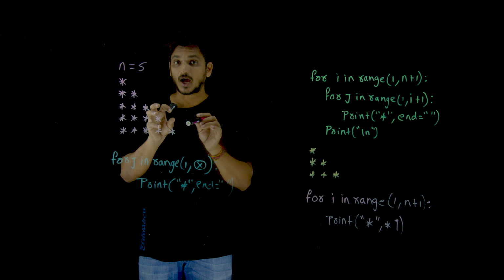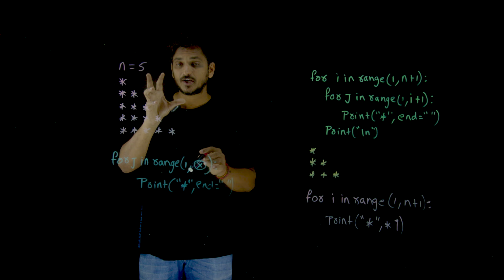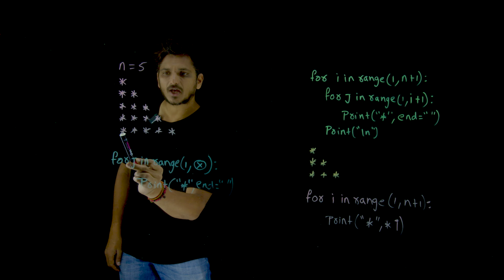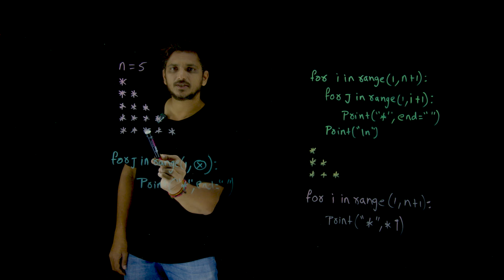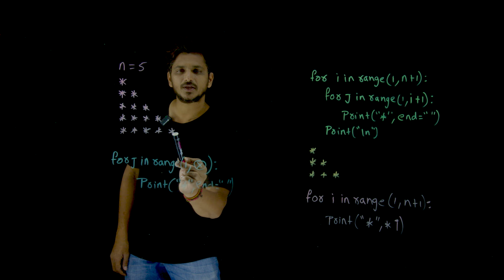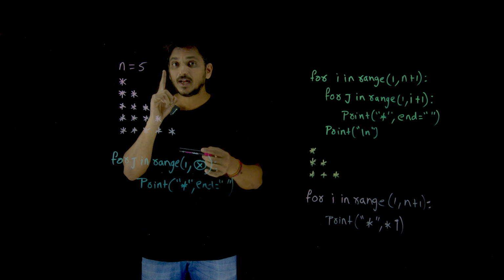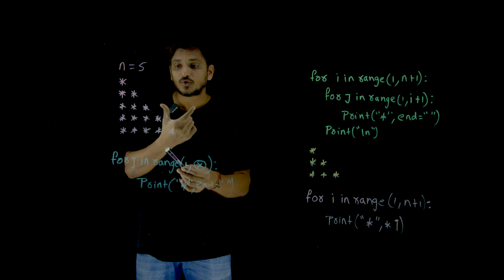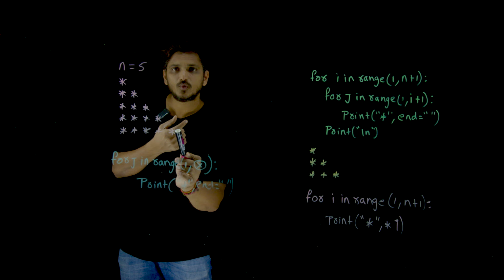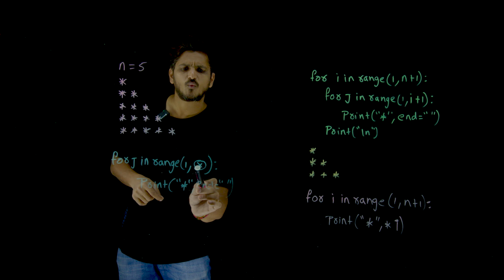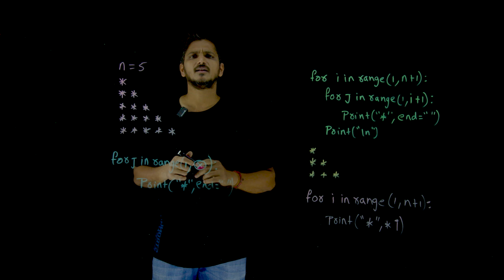So now coming to the intuition part, understand it properly. Suppose you want to display star, star, star, star, star. If you want to repeat the same code, you need a loop. So if you want to display one line, we use a loop: for j in range of 1 comma, what value do we need to fill here?